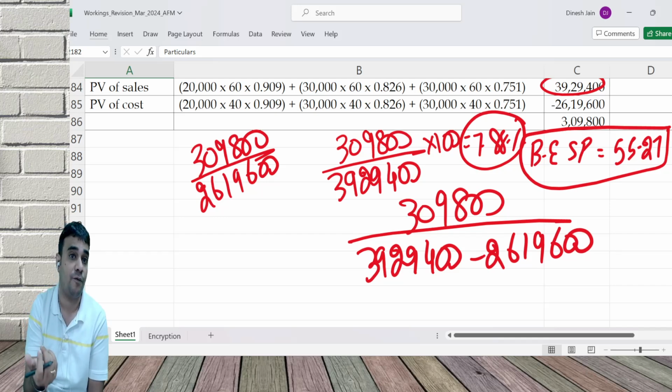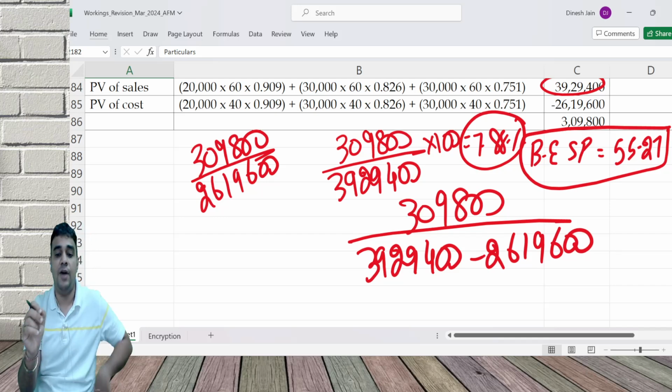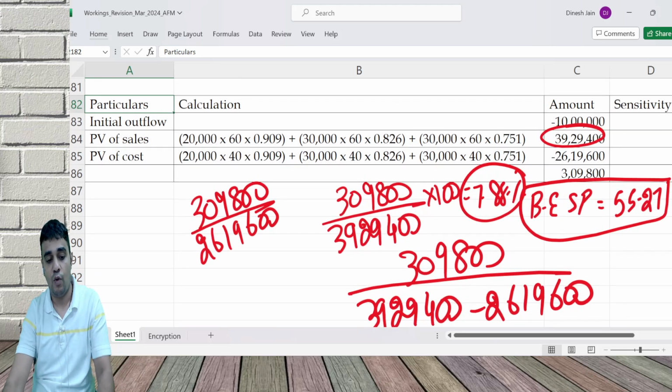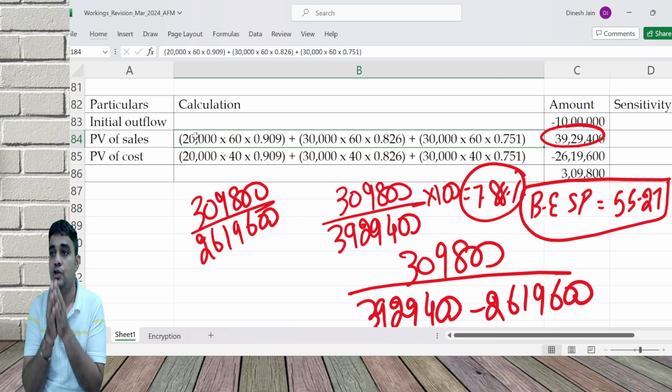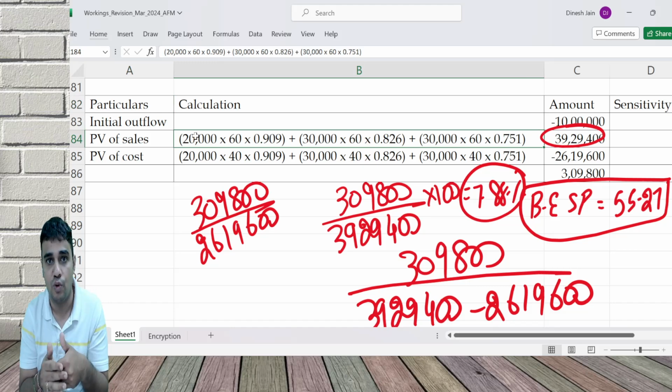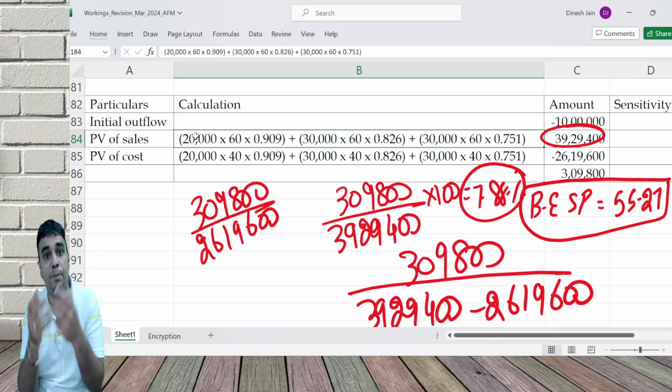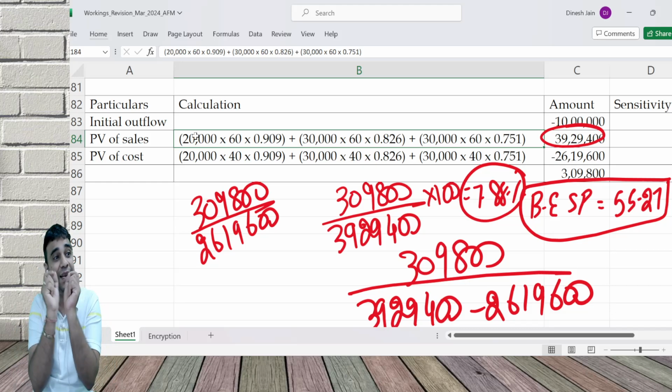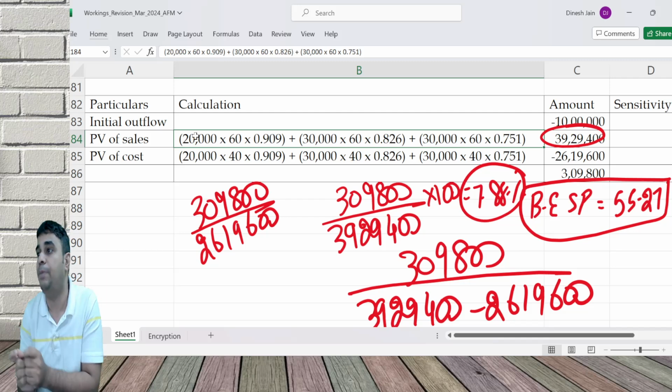Why a combination of both? For example, if sales value of 20,000 becomes 10,000, my sales went down, and along with that, cost will also go down. When the selling price reduces I have a problem, because selling price directly reduces NPV.